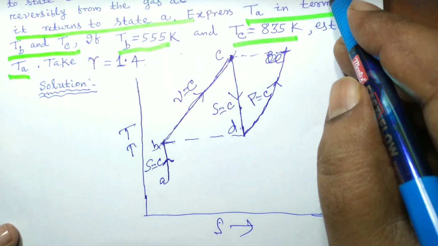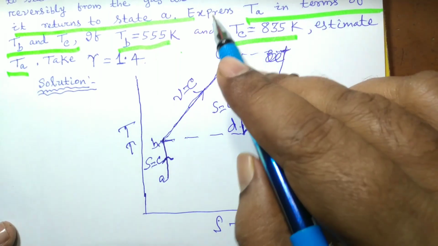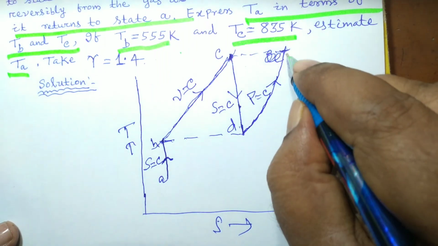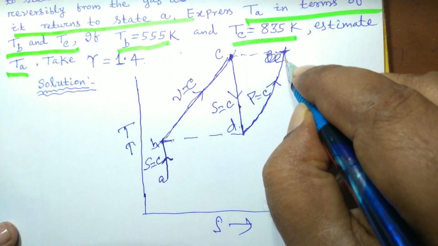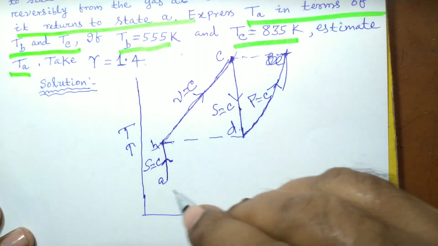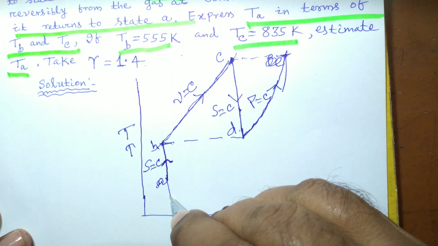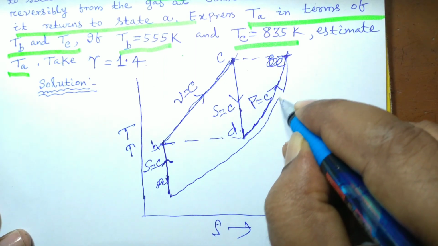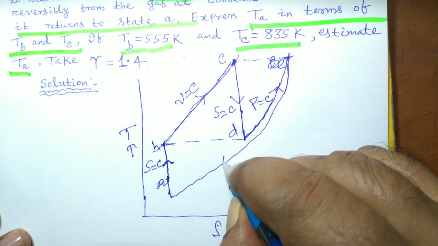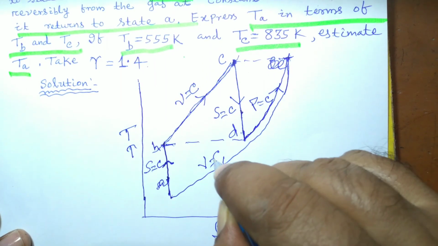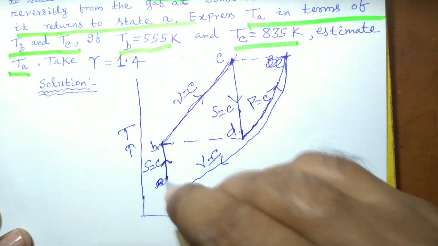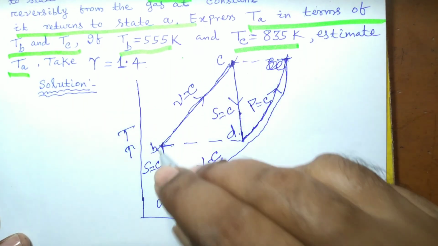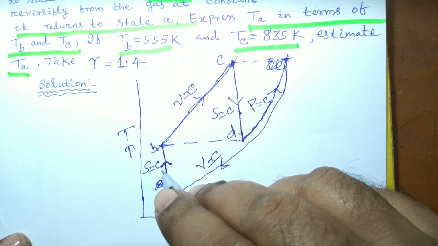Now heat is then rejected reversibly from the gas at constant volume till it returns to state A. This is a constant volume heat rejection process, E to A. So this completes a cycle: A to B, reversible adiabatic compression.